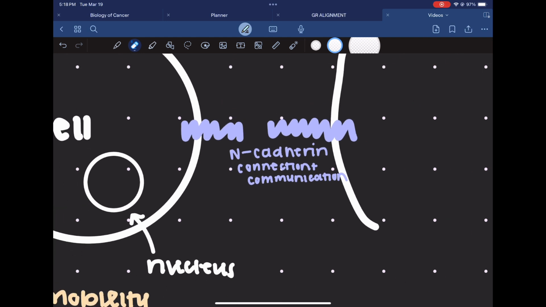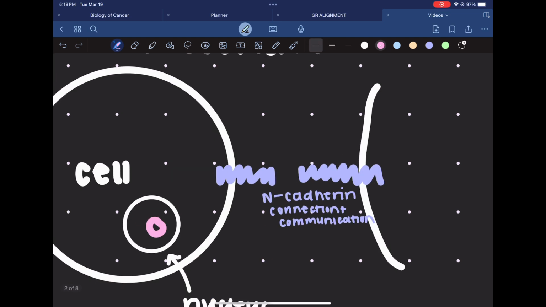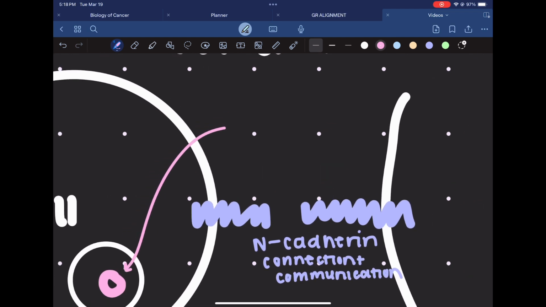And then lastly, if we look at our beta-catenin molecule, it's not going to be associated with our N-cadherin. Instead, it will be present in the nucleus. If I draw my quick little arrow over here, this is my beta-catenin, my transcription factor in the nucleus.